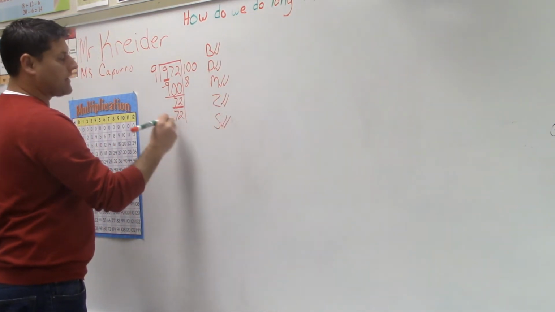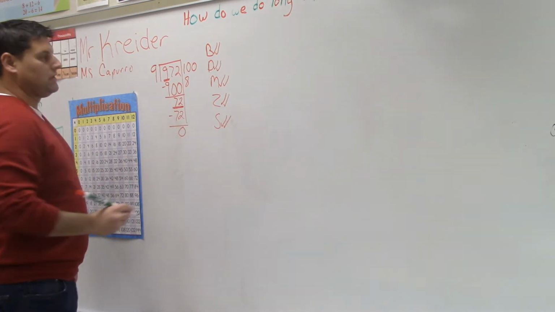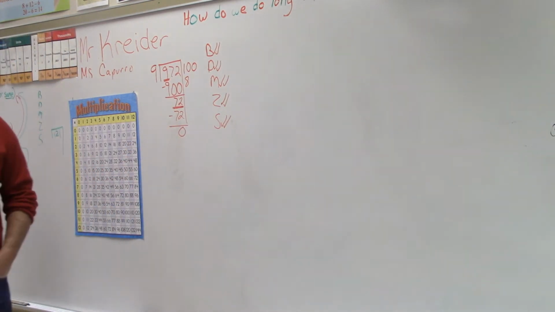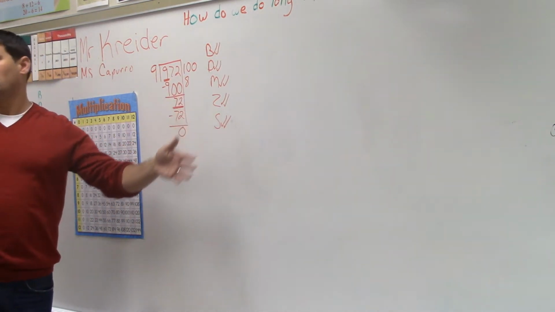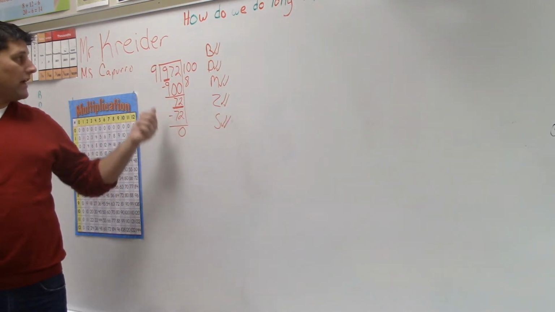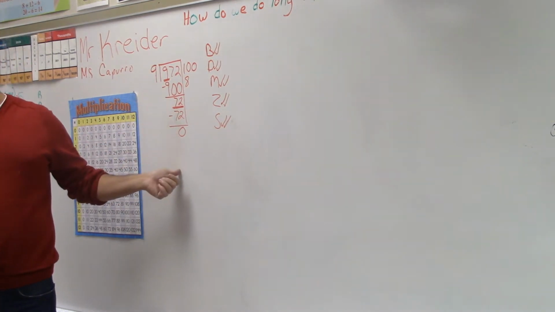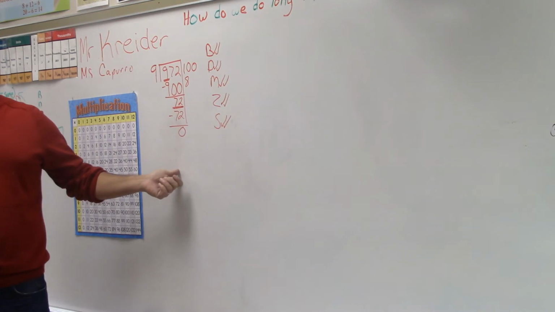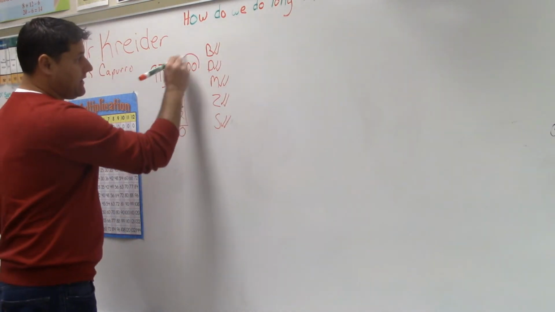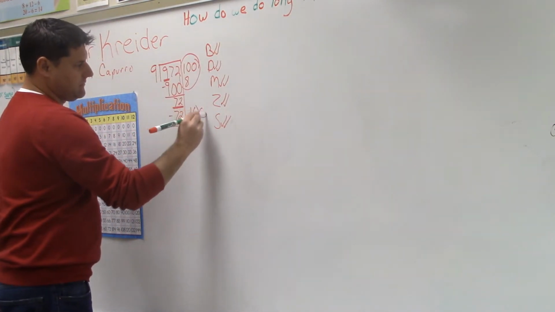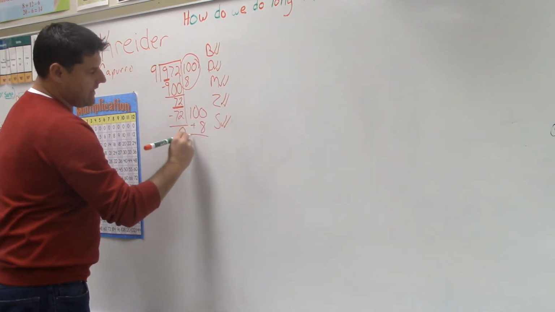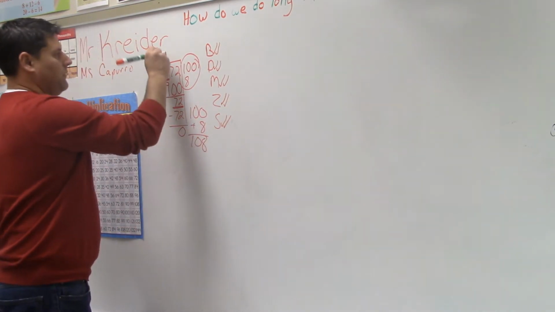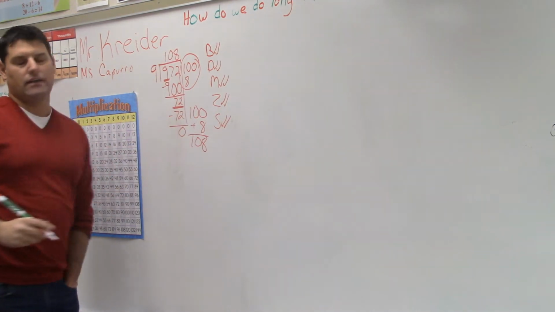Now we do our subtraction. 0. Now we're done. We do not have a bigger number, so now all we have to do is add our answers together. We get 108.